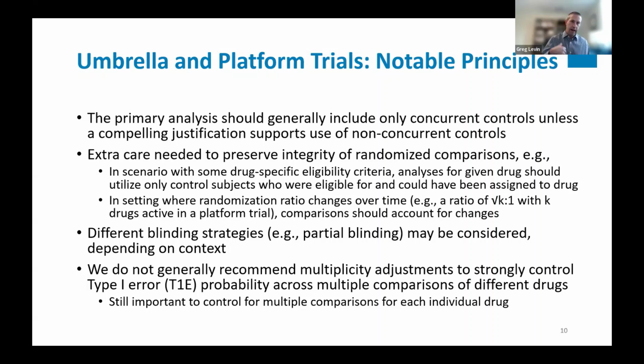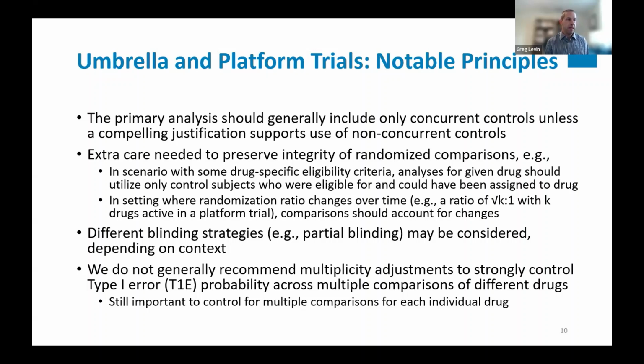So for example, perhaps there needs to be some exclusions for patients with renal impairment for a specific drug due to toxicity concerns, but not for other drugs that are evaluated under the master protocol. And when there are differences in eligibility criteria, the analyses for any given drug should utilize only those control subjects who were eligible for and could have been assigned to the drug to protect the integrity of the randomized comparisons.